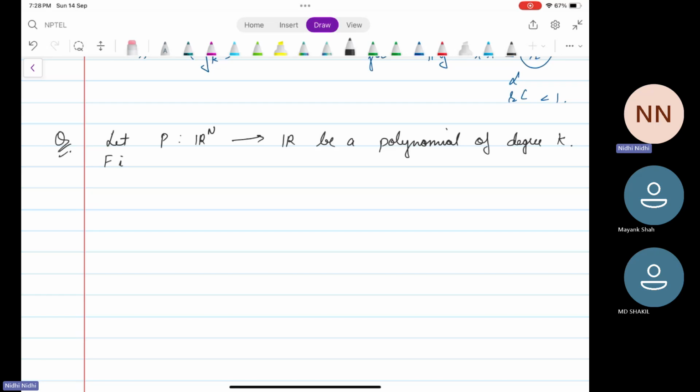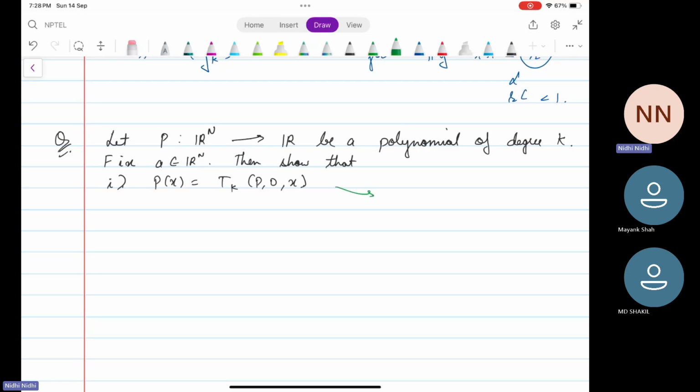Now fix some a in Rn, then show that firstly this P(x) is equal to T_k^{P,0}(x), where T is the Taylor polynomial. We call it the Taylor polynomial of degree less than or equal to k.